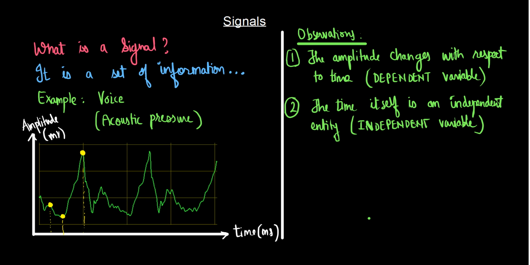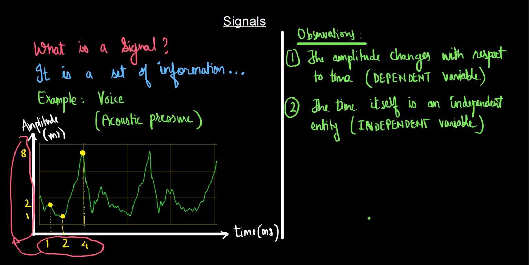Say this is 1 millisecond, this is 2 milliseconds, this is 4 milliseconds, and so on. Let the amplitude be 1 millivolt, 2 millivolts here, and 8 millivolts here. This signal can be interpreted as a mapping between these time values and the amplitude. So you can see there is a kind of mapping here.